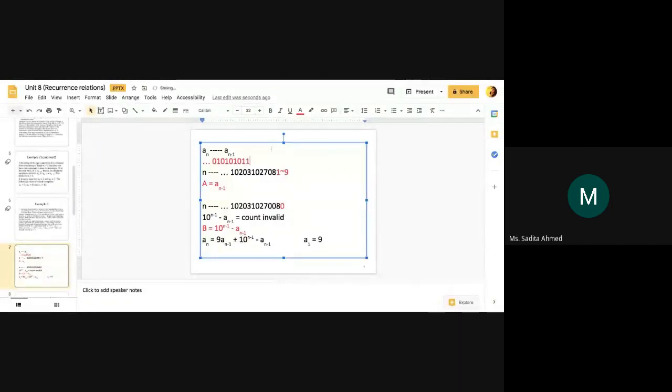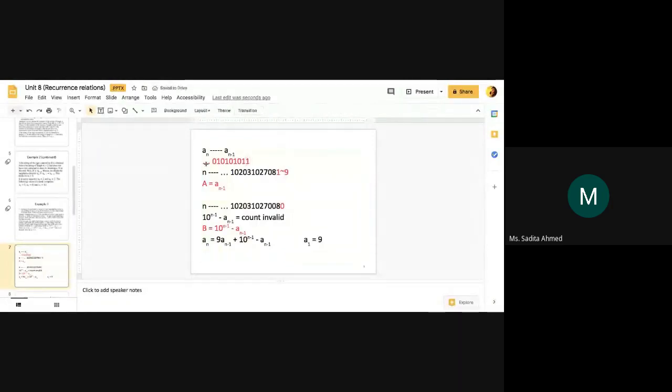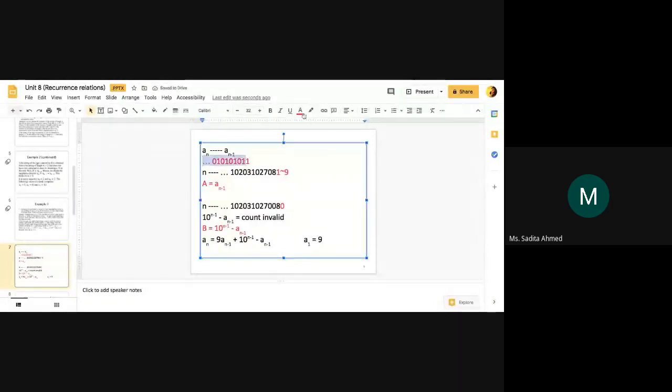We were adding a 1 at the end. We knew that we couldn't add a 0 in fear of what if the preceding value is 0, right? What if it's something like this? So here in this case, if you added a 0, then you'd have 2 consecutive zeros, which is not allowed. So the only bit that we could add is 1. So the only option we had to add when we were counting A is 1.